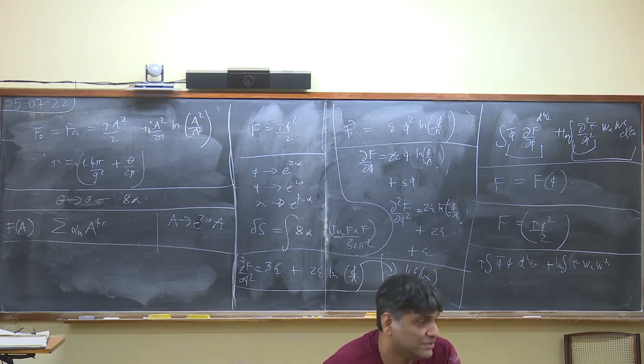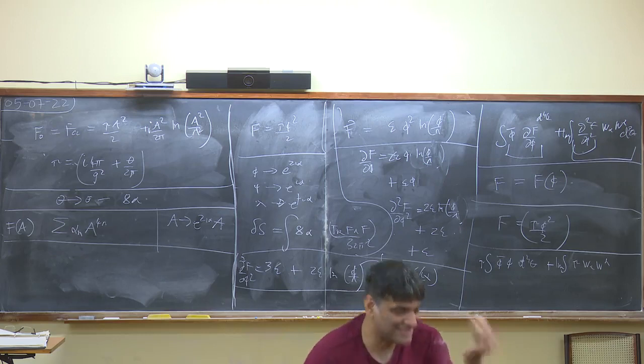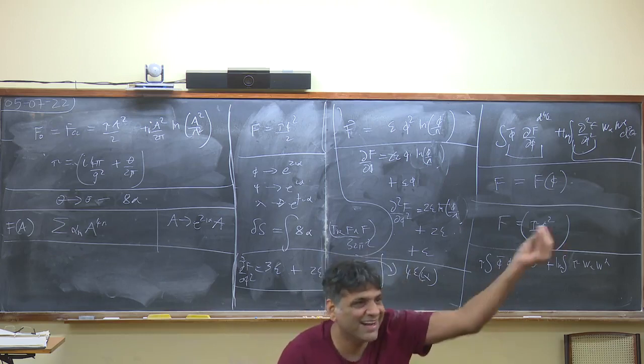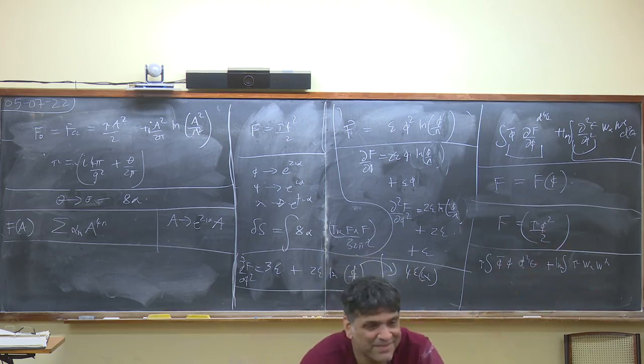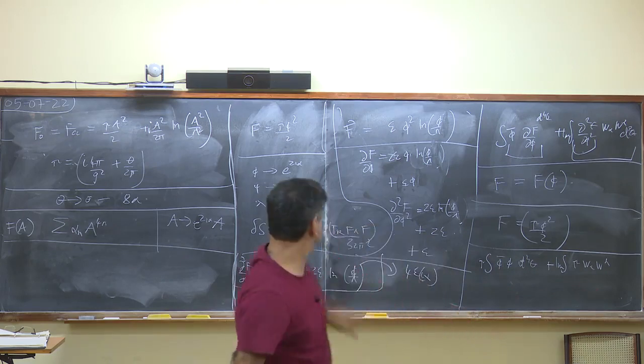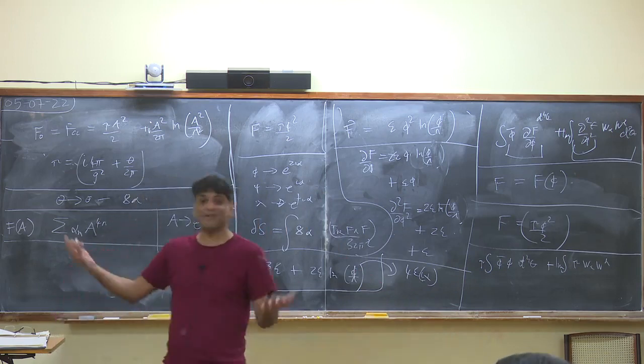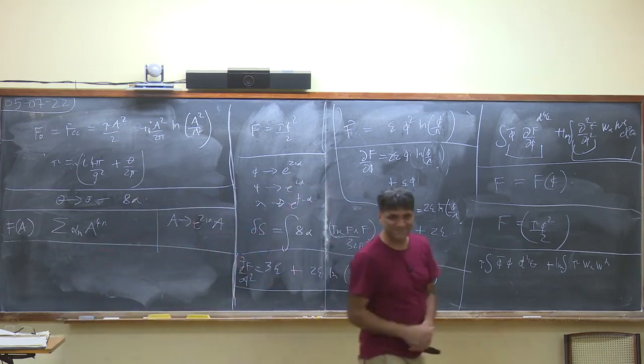Okay? So in sectors where we've integrated them out, where F∧F was non-zero, those sectors should violate this charge conservation by a precise amount. And we see that this is exactly what's happening here. Okay? So there are two ways of getting the most general form of the answer.